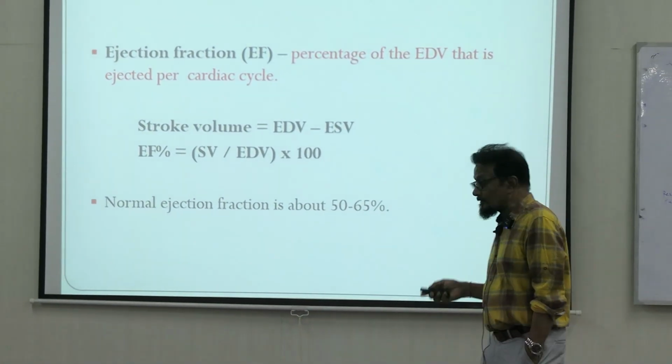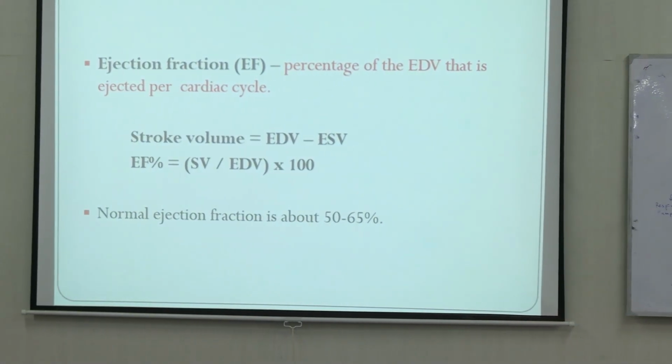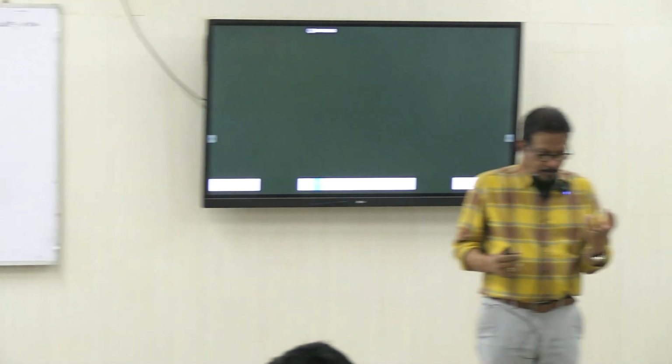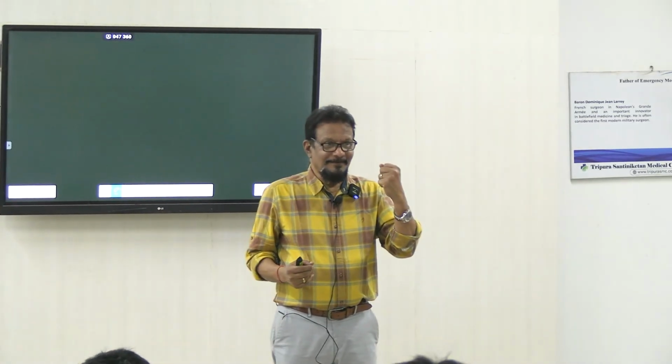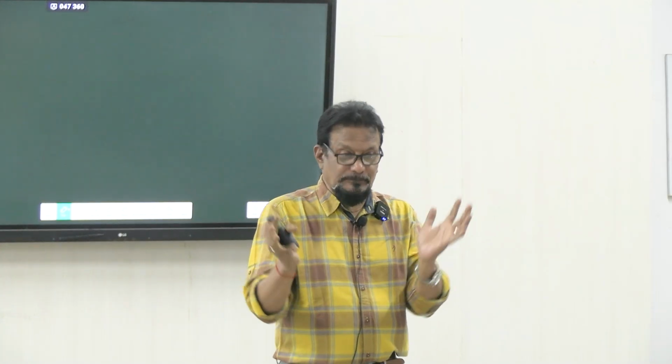Ejection fraction. In any echocardiography report, we want to know what the ejection fraction is. It means how much blood you are ejecting. This is the end diastolic and end systolic volume. This much is there; out of this, how much can you eject?